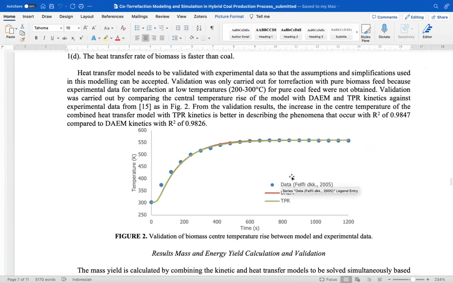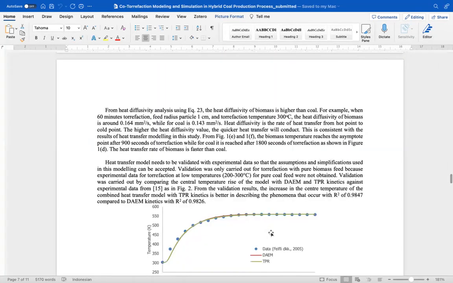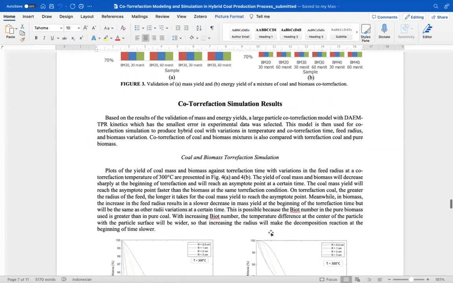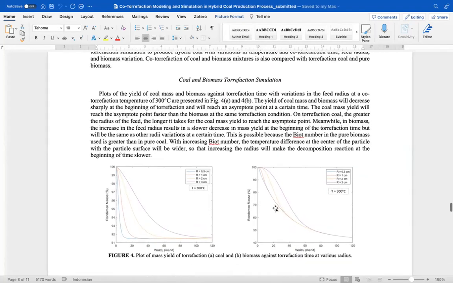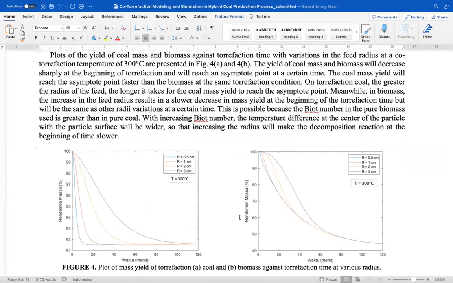Of course we need to validate it with some data, the temperature, and then for example, I can show you too. From here we can see the Rendement massa, which is the yield of the reaction, because the reaction is a function of the kinetics, and the kinetics is a function of temperature.